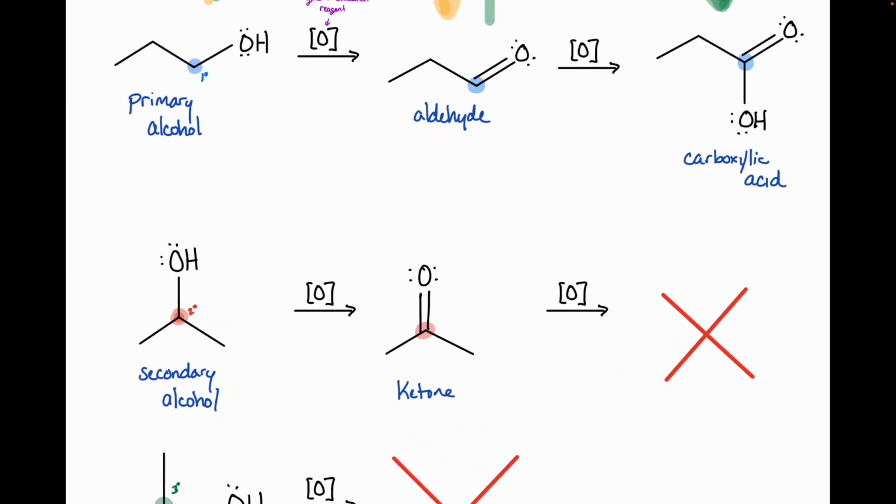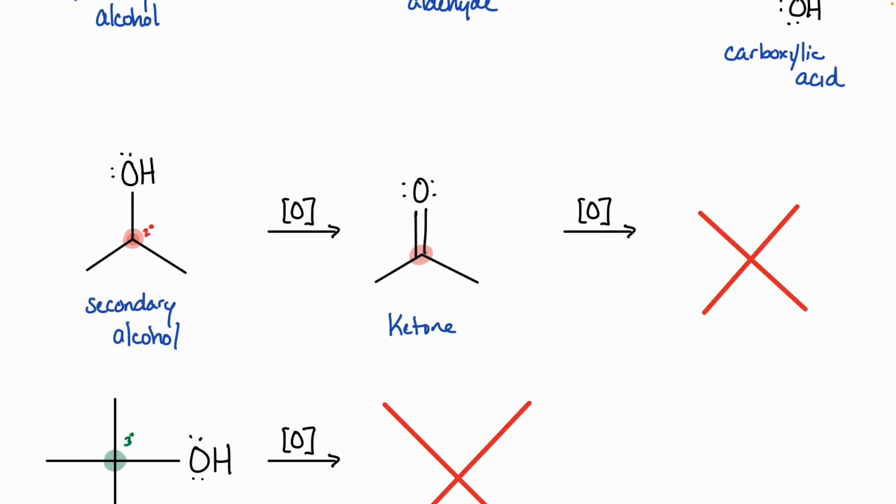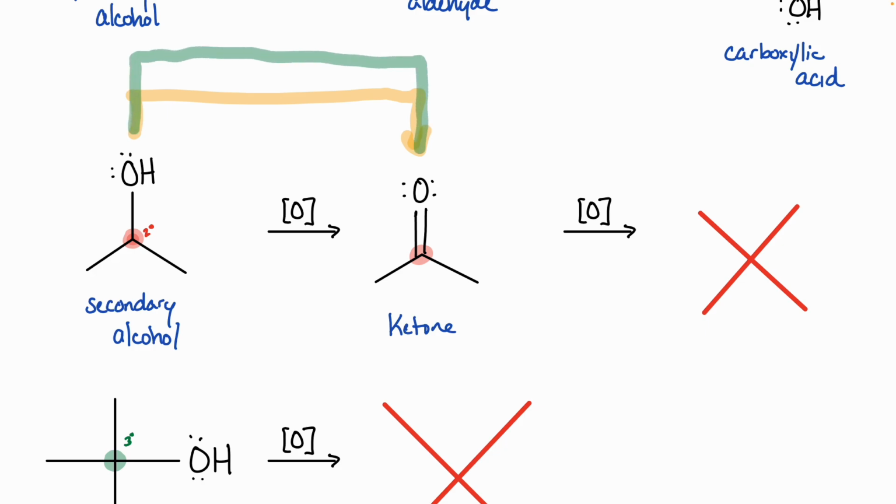All right, for secondary alcohols, it doesn't matter whether you picked a weak oxidizer or a strong oxidizer, they both do the same thing. They will oxidize to that ketone, and then ketones are stuck, right? They can't be further oxidized.